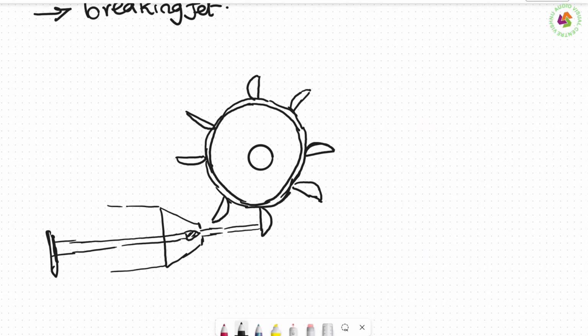So this is the penstock. This is how it is.